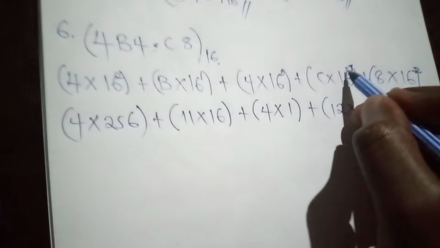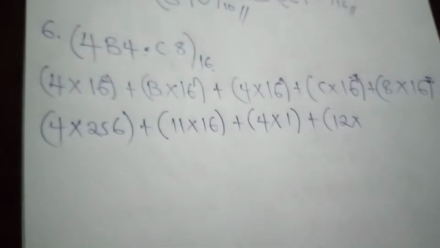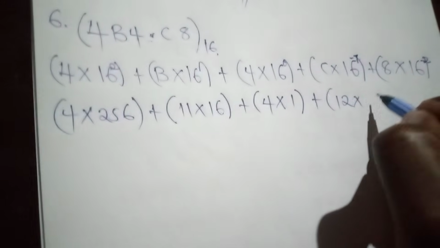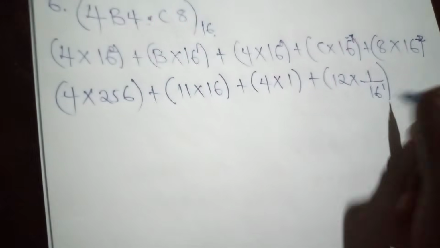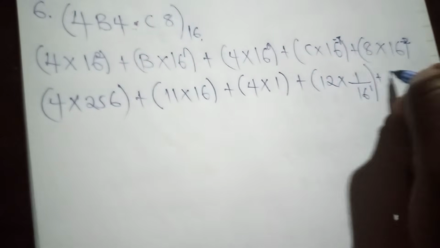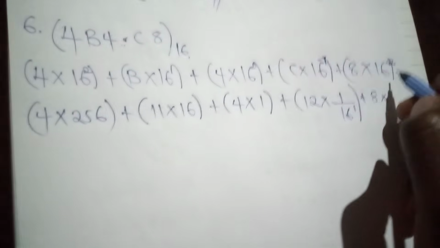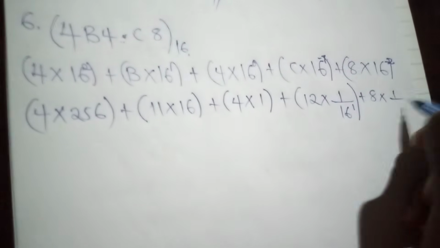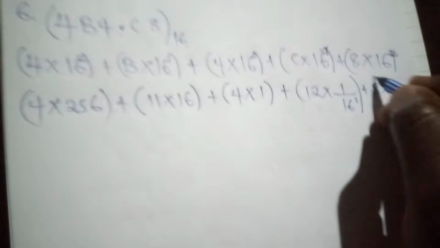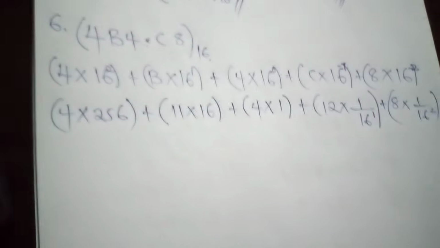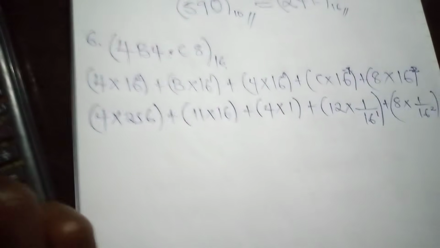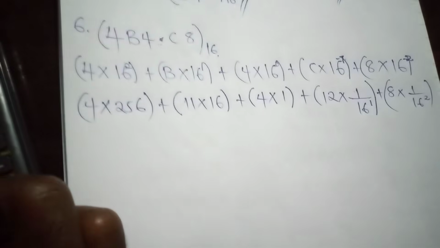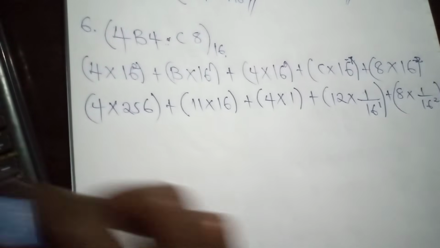Now to kill the negative on the power of 16, you introduce 1 over 16 to power 1, close the brackets, plus 8 times, to kill that negative, 1 over 16 to power 2. And then from there you just do the summation.